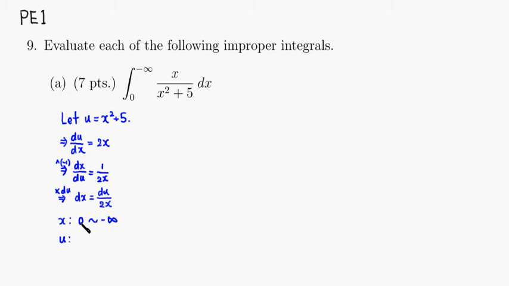We plug 0 into this substitution equation: 0 squared plus 5 is 5, so u starts from 5. Then plug in negative infinity: negative infinity squared plus 5 is positive infinity, so it goes to positive infinity.